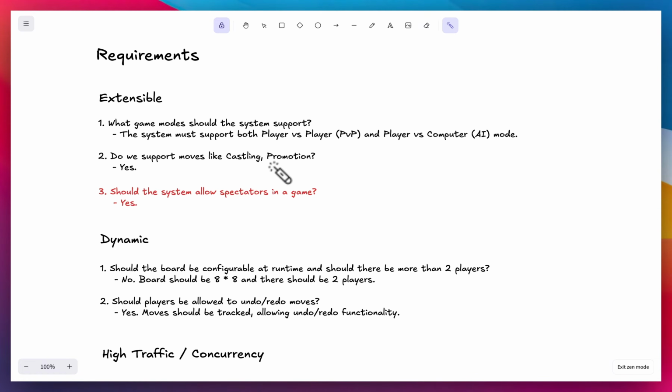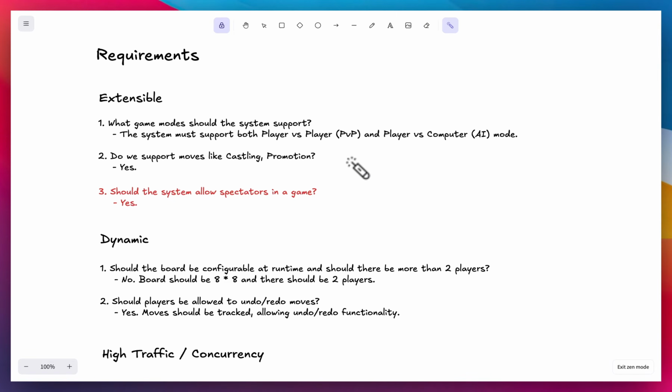Now the second question could be, do we support moves like castling or promotion? Let's say the interviewer says yes, we should support these move functions. So this clearly means that we have to decouple the piece from the actual move logic, because let's say in future one more move logic is introduced or invented, then I should not be modifying the piece class.